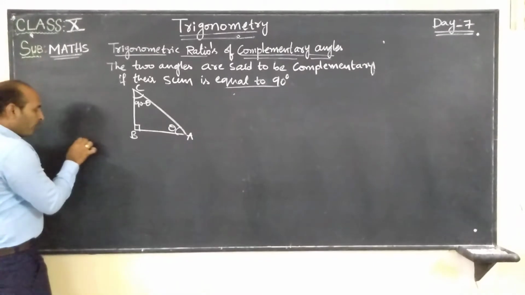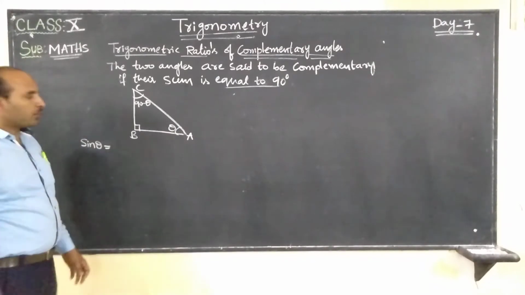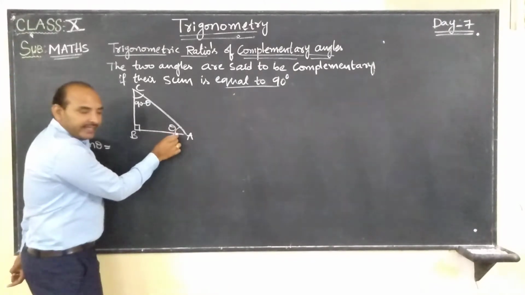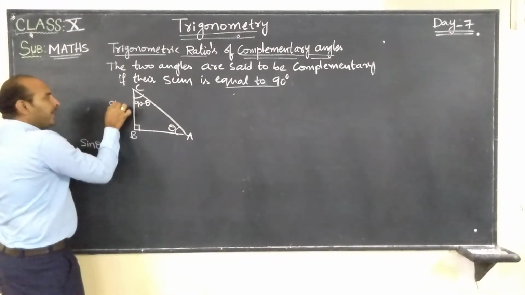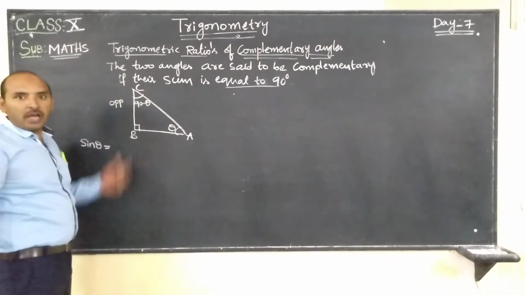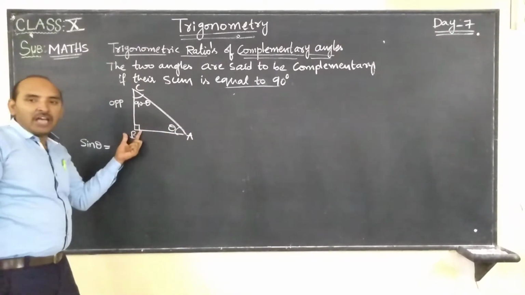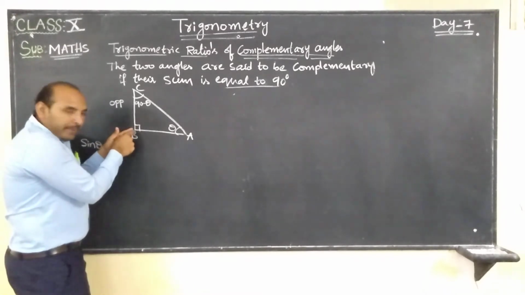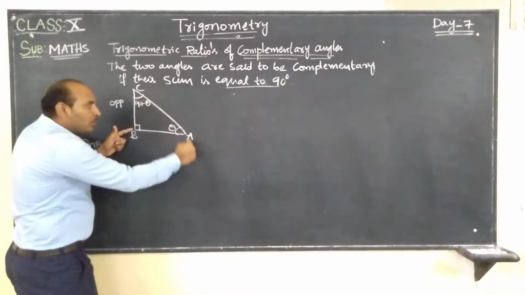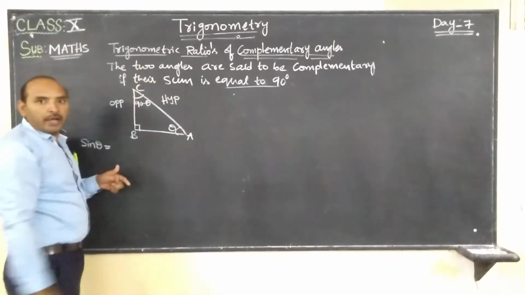That means I want the sin theta value. When the angle is at A, the BC side is clearly the opposite side, exactly opposite to the angle A. At the 90 degree angle B, the side opposite is AC, which is the hypotenuse.